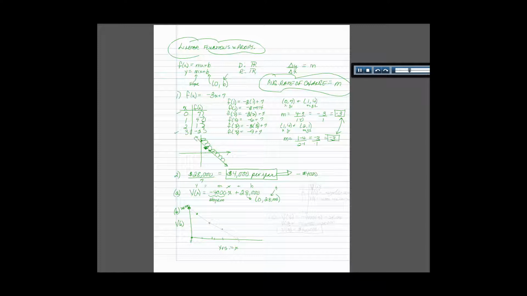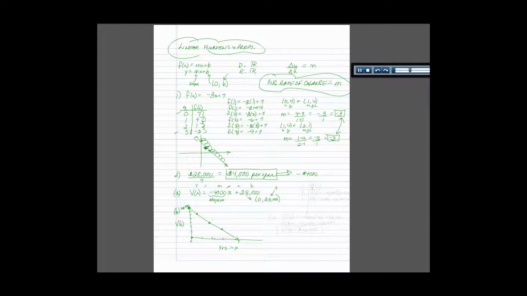At 3 years, another, and it keeps going down until it's valued at 0 at 7 years. Now again, mine is not done to scale, but on yours you can do that. If you label your horizontal axis in years, 1, 2, 3, 4, 5, 6, 7, and then you show the values here going up by 4,000.